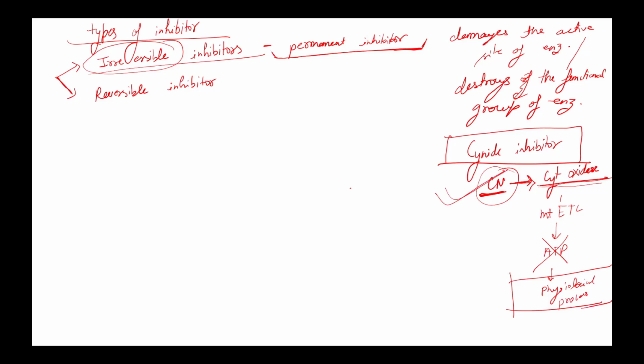Other than that, we have an example of inhibitor, DFP. Okay, so this is an inhibitor which destroys the functional group of an enzyme. It generally inhibits acetylcholinesterase.